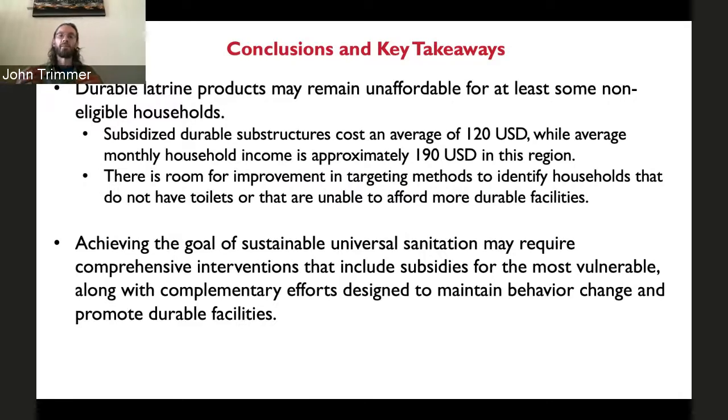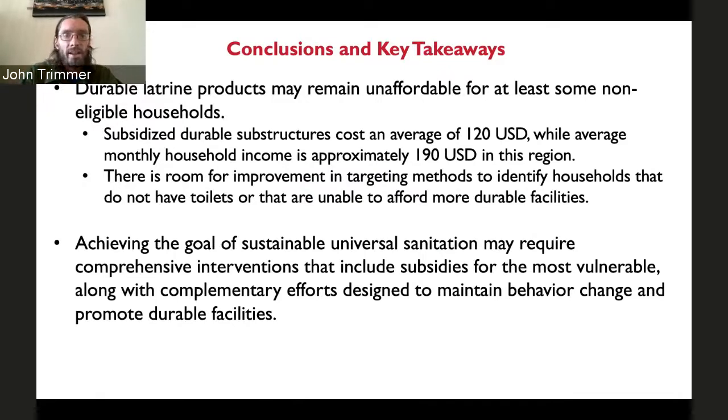And this area where we were in, northern Ghana, does tend to be a poorer area of the country, and that suggests to us that perhaps the affordability of these products is still an issue, even for households that are not identified as the most vulnerable or the poorest among these communities.